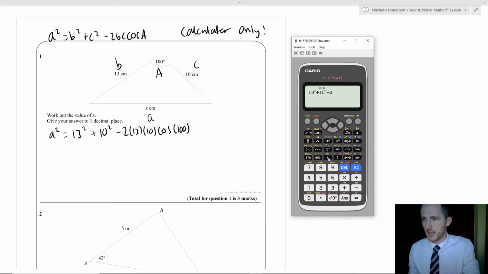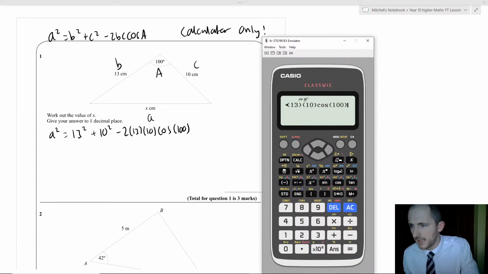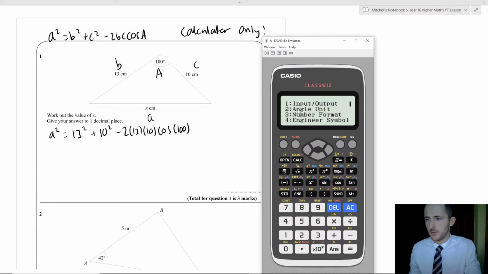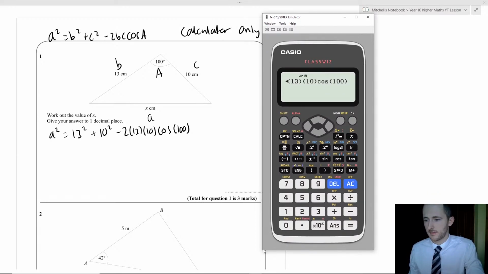Minus 2, which also means using brackets, just to be 100% sure you're going to get the right answer. And then cos, I was about to type cos there, that's a bit embarrassing. 100. Remember, the one thing you want to check is that this capital D is highlighted. It means you're in degrees. If not, shift menu, angle unit, degrees, number 1. Easy peasy.